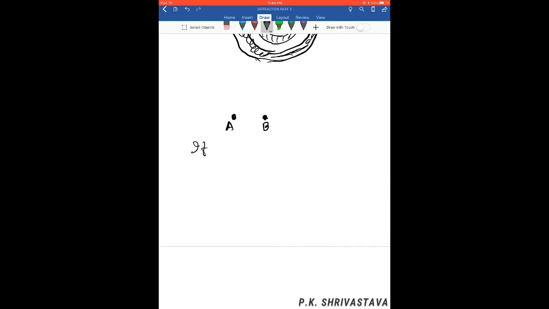If overlapping is small, then their images are seen as separate.